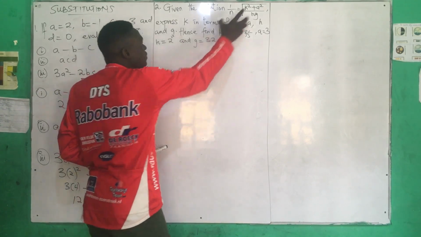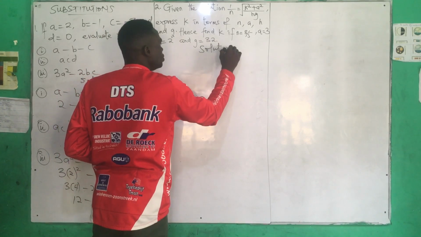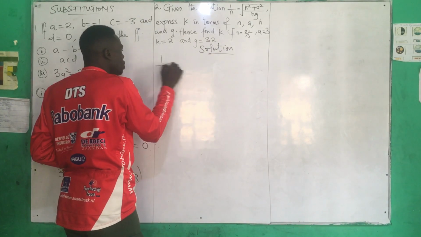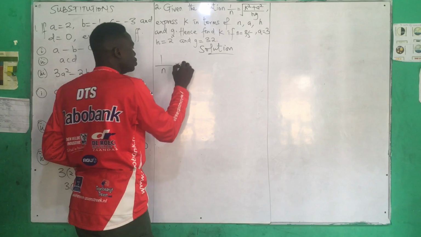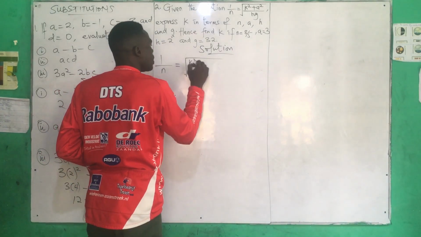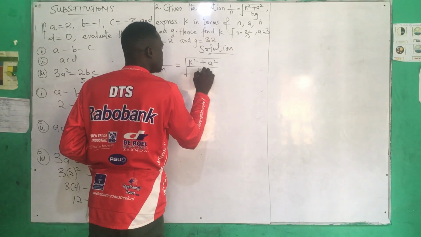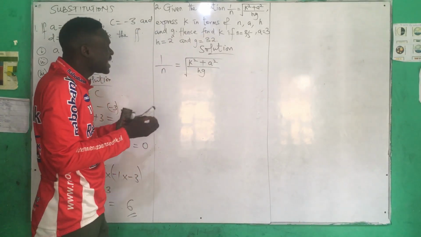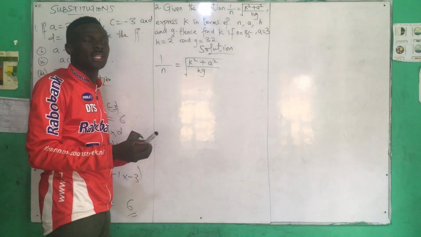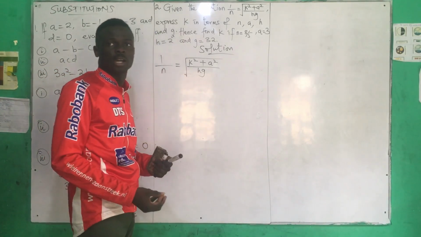So if you have this relation, which is 1 over n is equal to the square root of k squared plus a squared all over hg, you have to make k the subject. In other words, you are to express k in terms of the other variables.